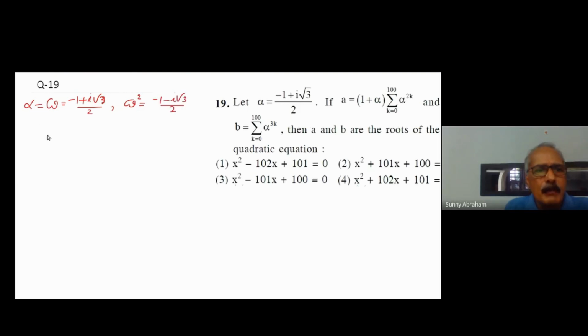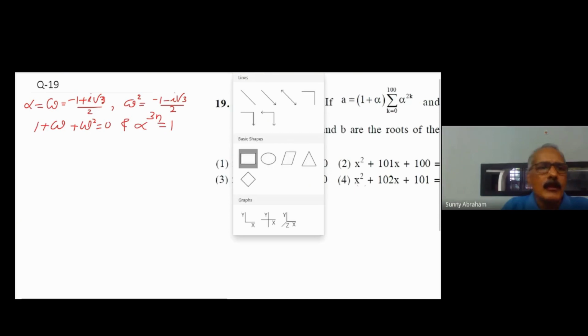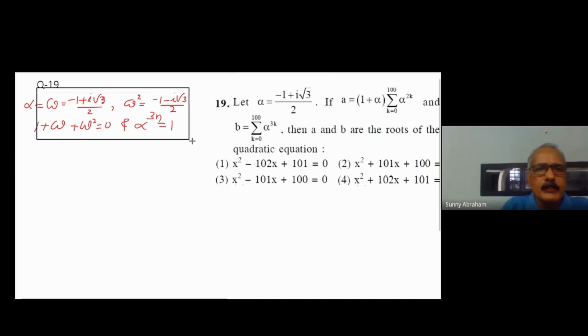What are the other properties? 1 + omega + omega square is equal to 0, and omega raised to 3n is equal to 1. That much is necessary to solve this question. These are the things which you have to keep in your mind.